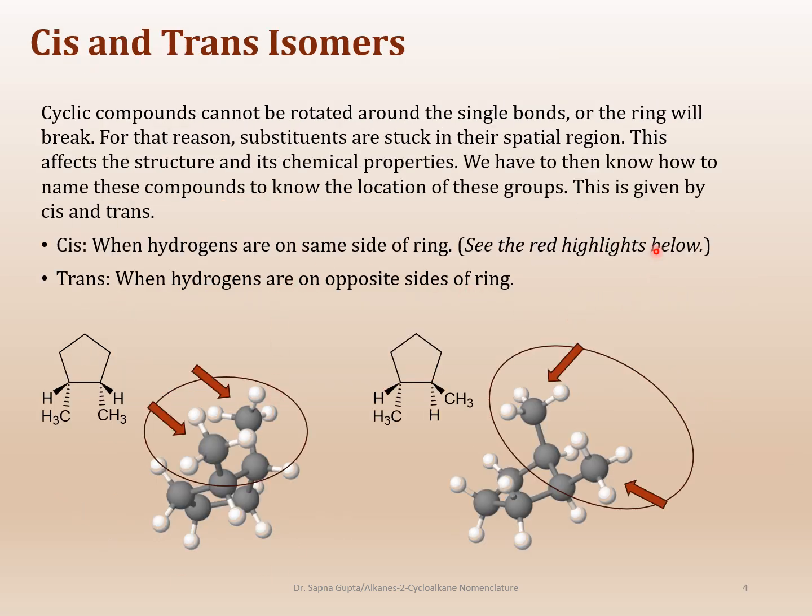All right. In cyclic compounds, we tend to have a little bit of a problem, okay? And that problem is that in a ring structure, you cannot rotate the bonds. We've talked about this before when we talked about constitutional isomers, whether you draw a group up or down, it doesn't matter.